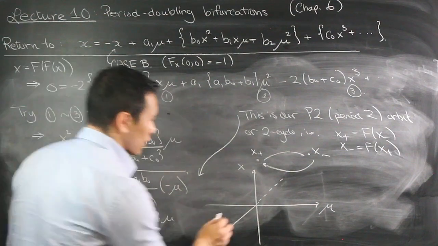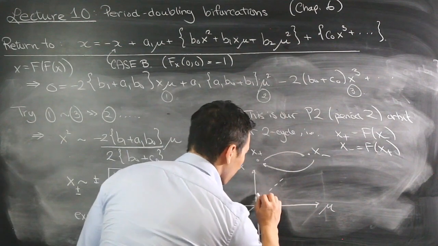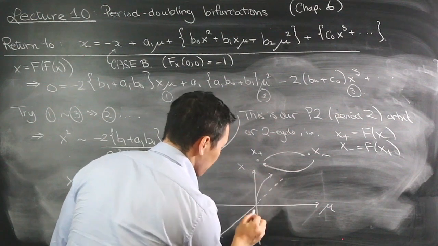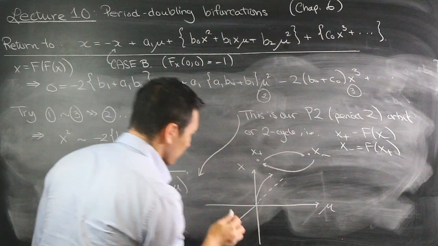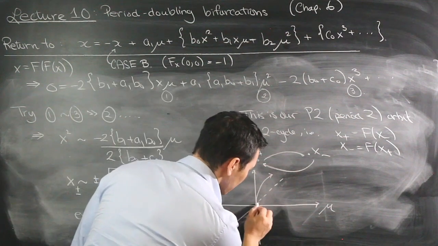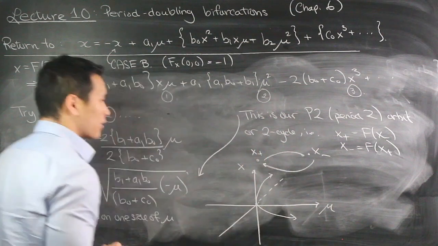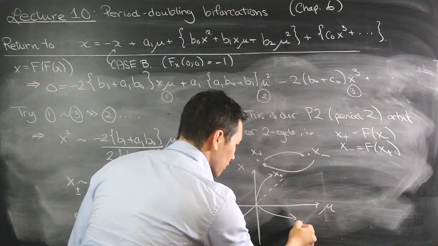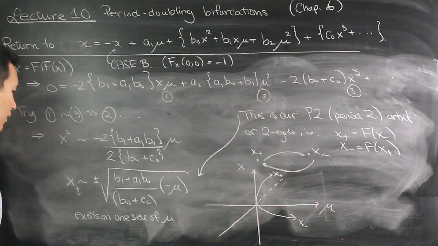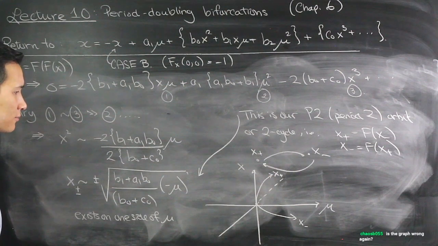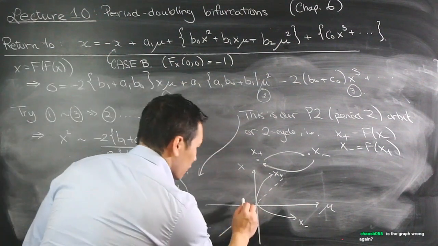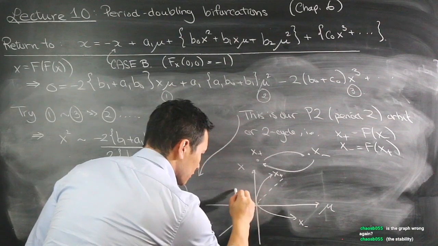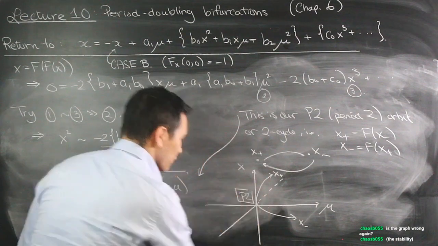So you know that the arm comes out like this. Yeah, so this is x plus and x minus. It should be one positive, the other negative. And if you like, you can call this a P2, this little box here. There's your P2 orbit.